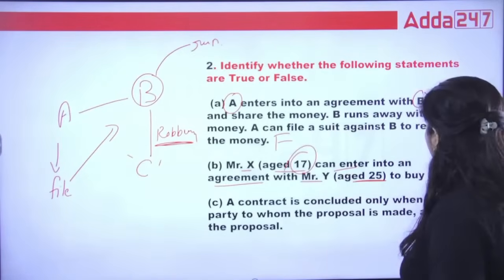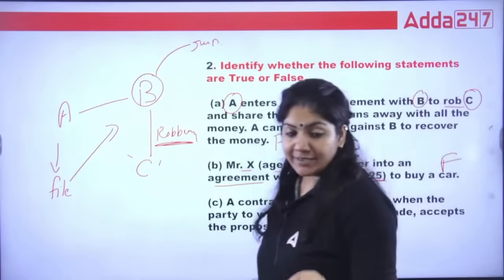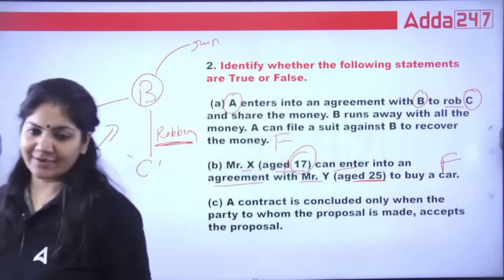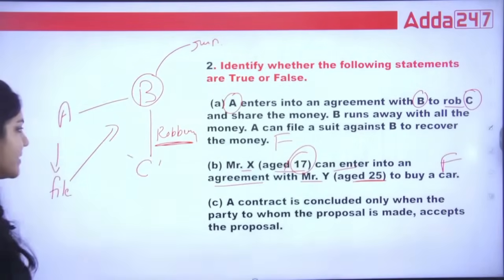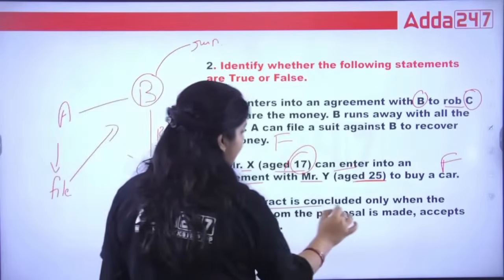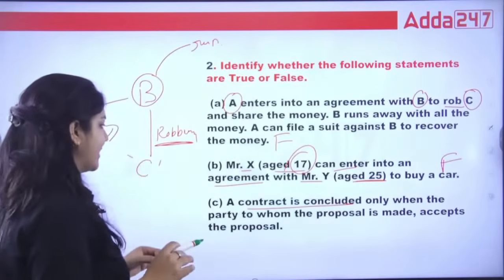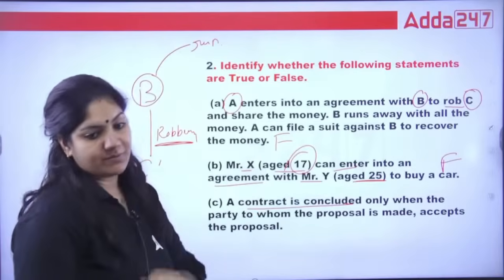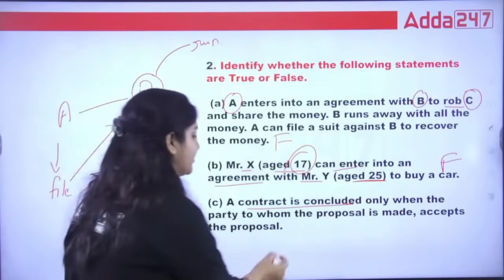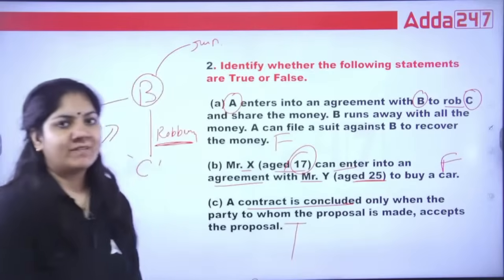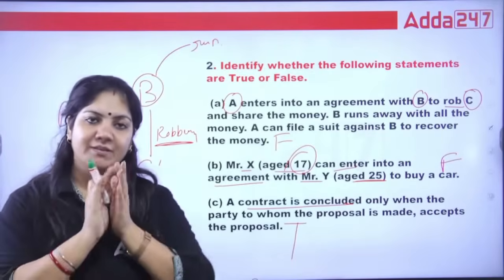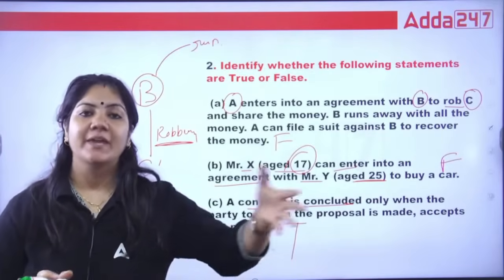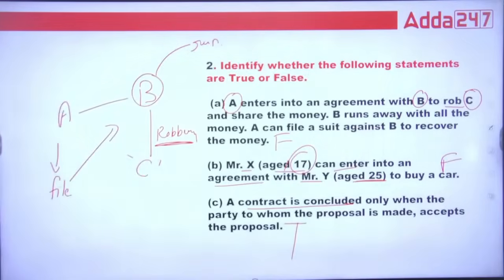So this is false because a minor cannot make any contract. Okay. Now, a contract is concluded only when the party to whom the proposal is made accepts the proposal. That is absolutely true. When the offer is accepted, then this is the beginning of making any contract. So I think this is complete.